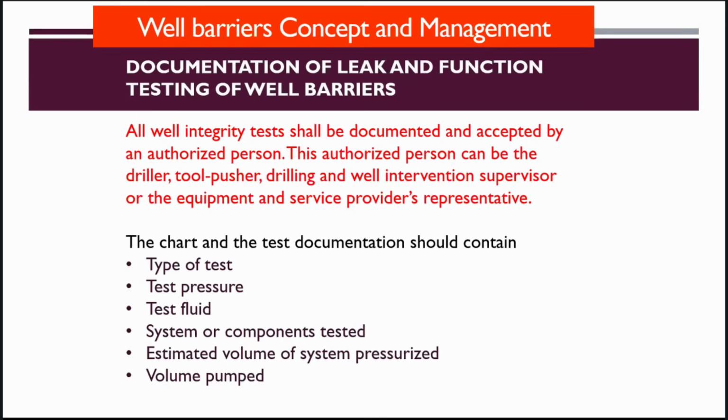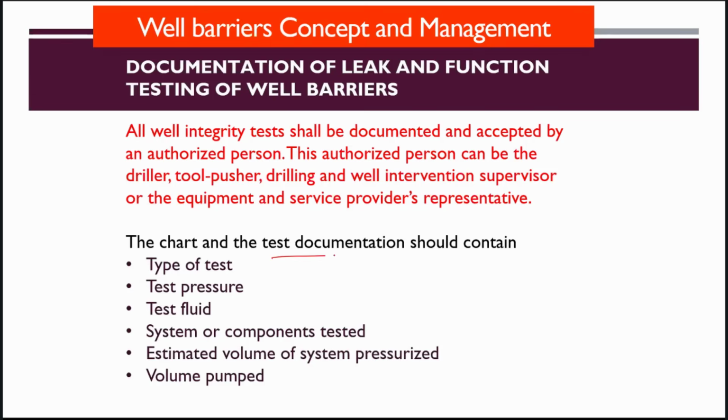On that chart or pressure test document, there should be which type of test you have done, positive or negative, what the test pressure was, like 5000 or 10,000 psi, what type of fluid you used while testing, which components you tested, and how much volume you pumped. All this data you have to make into a document and save, chart and document.